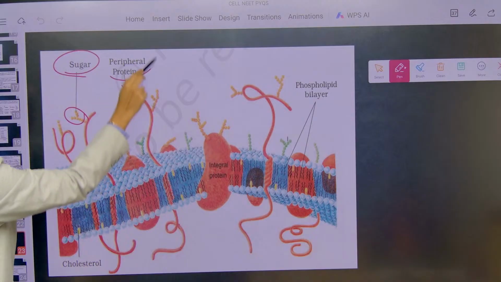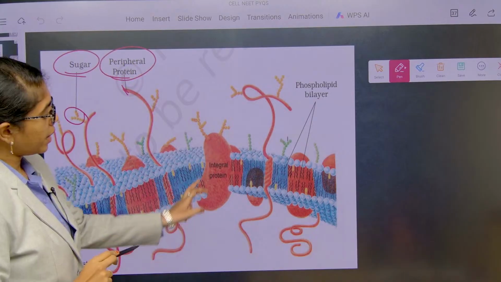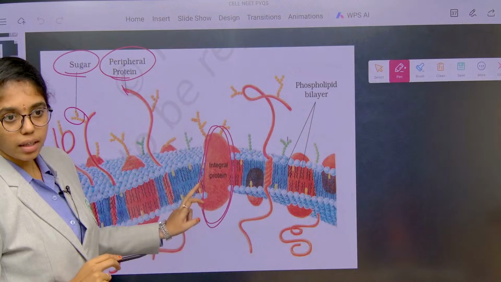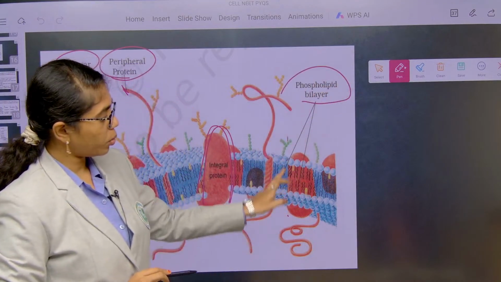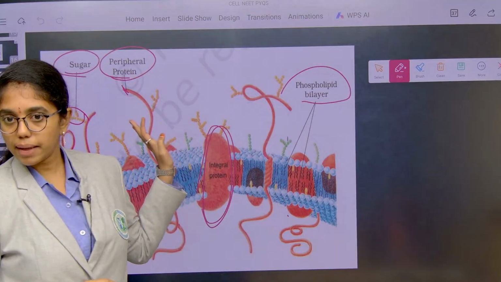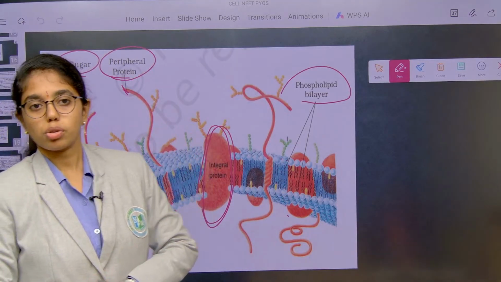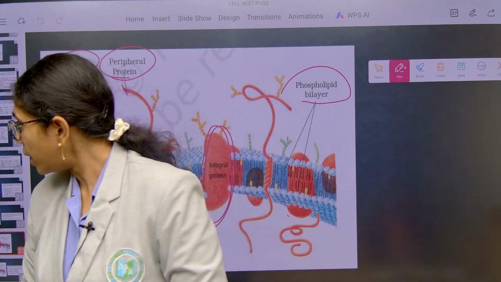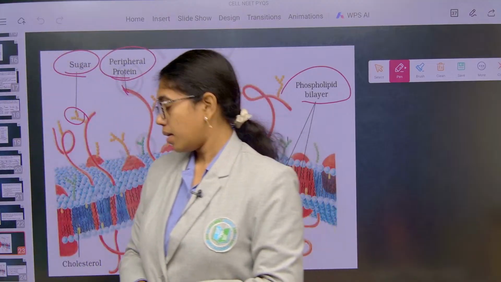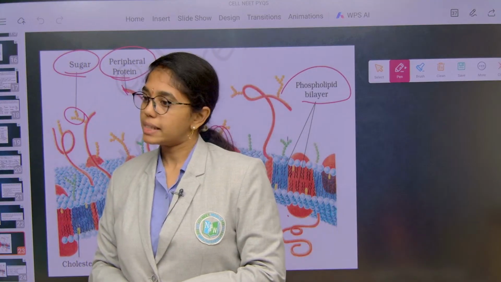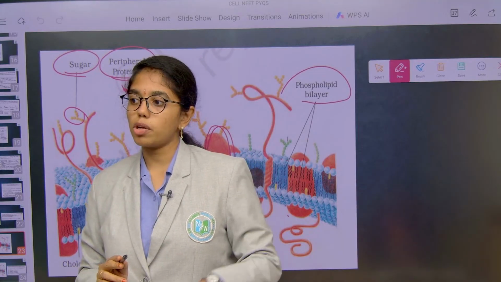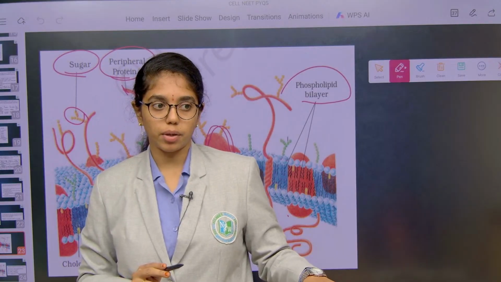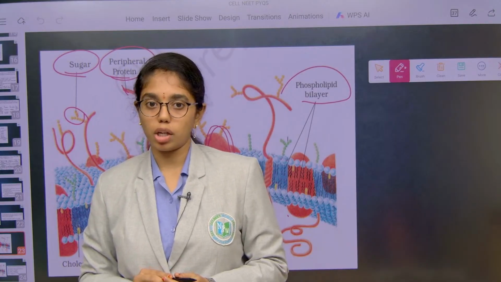This is peripheral protein, integral protein embedded inside the membrane, and then phospholipid bilayer on both sides. Just remember these labelings. So with this we have completed cell membrane. In the next class we will be starting the endomembrane system. We have finished endoplasmic reticulum, and then we will be starting with Golgi bodies.